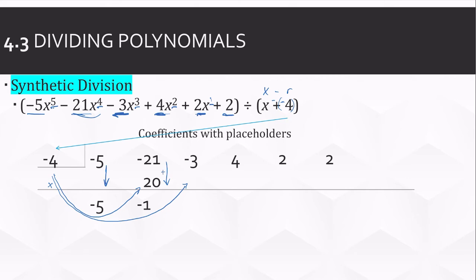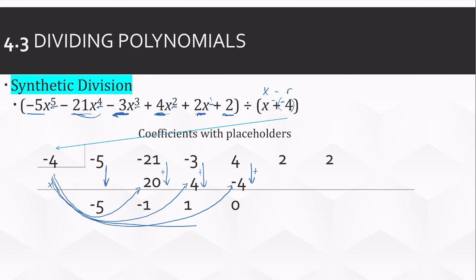Negative 4 times negative 1 is 4. And then we add. Negative 3 plus 4 is 1. And then we multiply. Negative 4 times 1 is negative 4. And then we add. 4 plus negative 4 is 0.